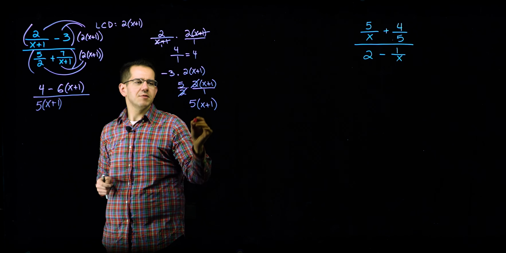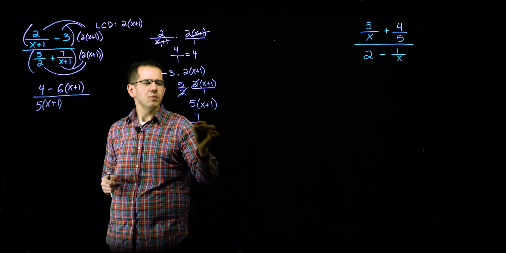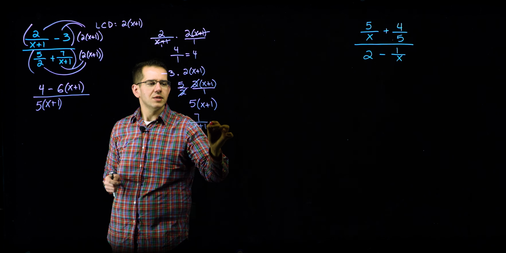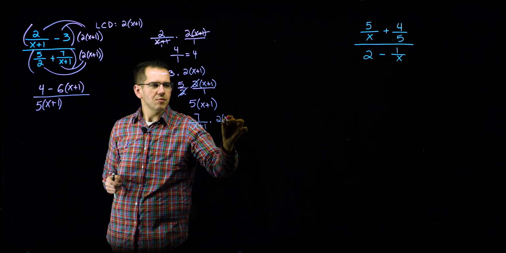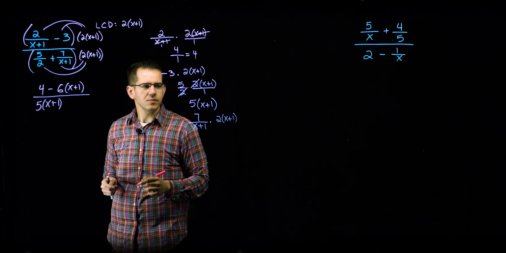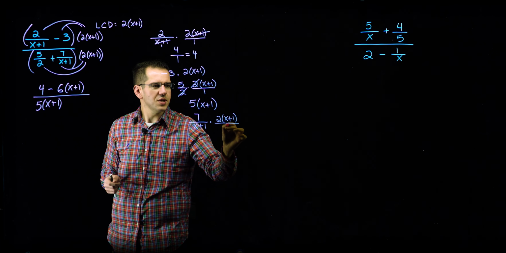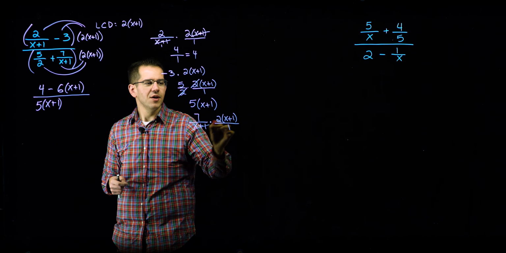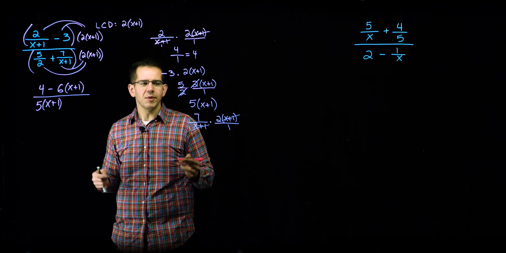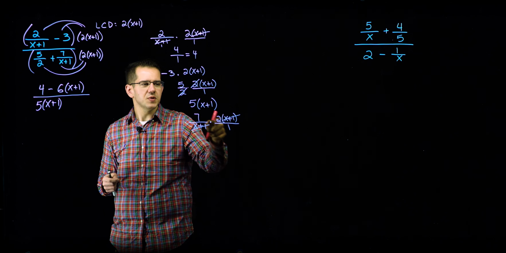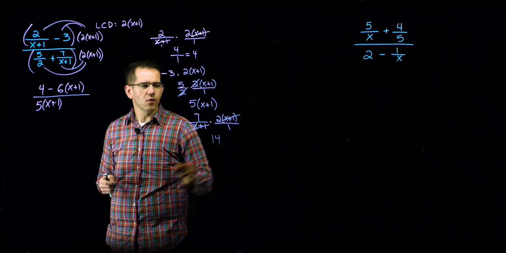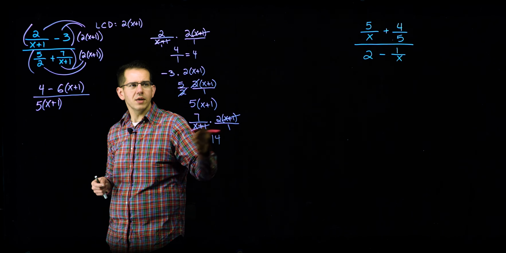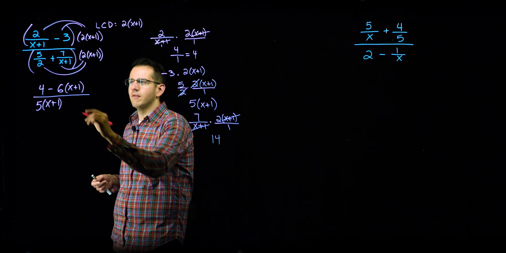So again, the fraction is canceled. And finally, we have 7 over x plus 1 times 2 times x plus 1. Again, put this 2 times x plus 1 over 1, and we can cancel the common factor of x plus 1 from each of these terms, leaving us with 7 times 2 is 14 over 1, which again just leaves us with the 14.